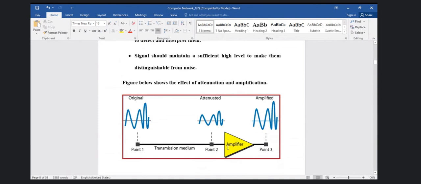Another difficulty of using an amplifier is that it not only amplifies the signal which has been attenuated, it also amplifies the noise.